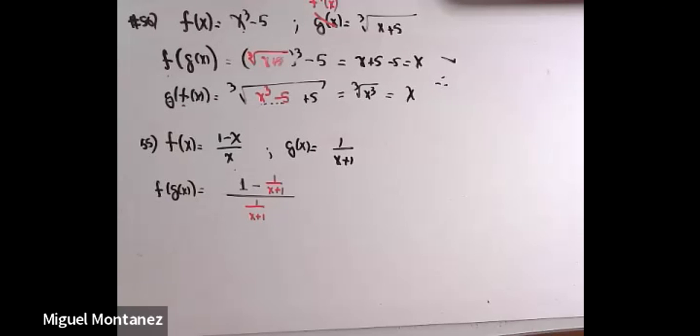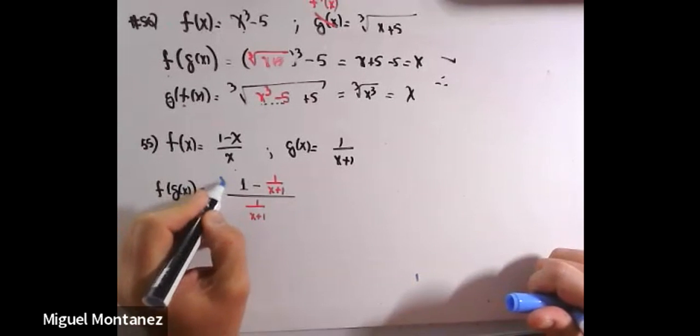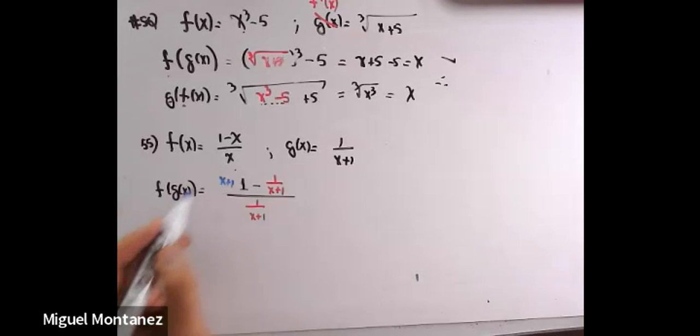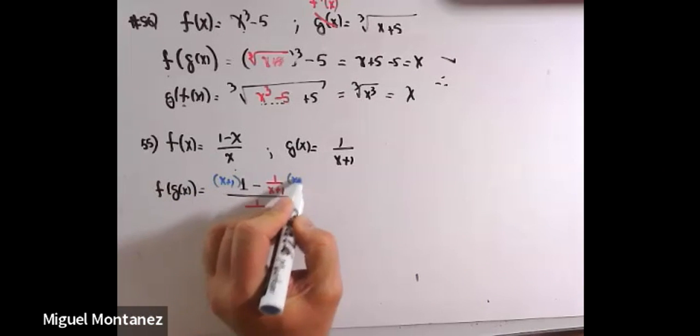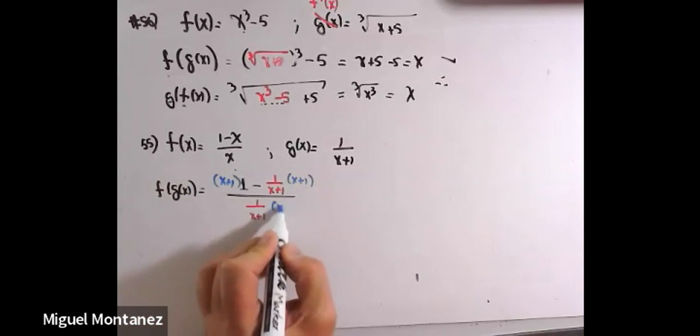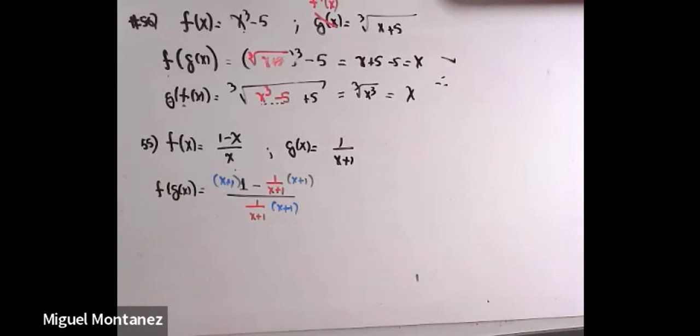The LCD in this problem will be x plus 1. So we proceed to multiply by x plus 1 on top, x plus 1 here, x plus 1 here, x plus 1 and the 1 there.